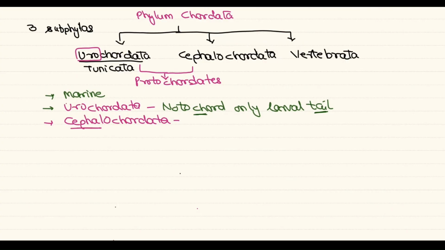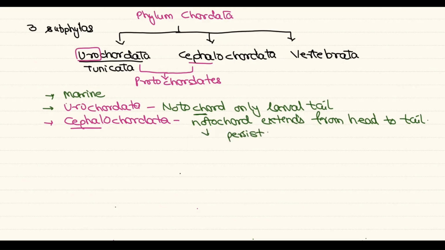As the name says, cephalo is the head region. As the notochord extends up to the head region, thus the name cephalochordates. In the cephalochordates, the notochord is present from head to tail, and this is persistent, that is, it is present throughout life, whereas in the urochordates, it is seen only in the larva.